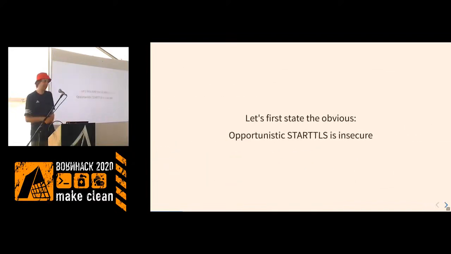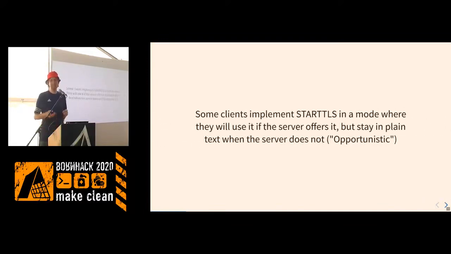So there's first something obvious, and that is that if we use STARTTLS in an opportunistic way, then this is not secure against a network attacker. This was sometimes done in the past, where there were clients that implemented STARTTLS in a way where they said, if the server supports STARTTLS, then I will do STARTTLS, and if the server doesn't support it, we will do a plaintext connection, which is sometimes called Opportunistic TLS.